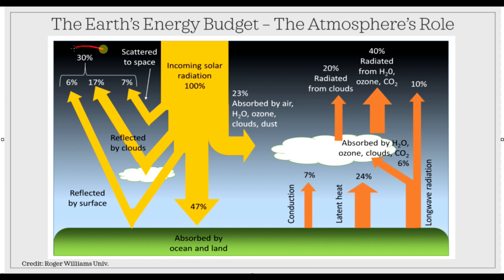As you can see, about 30% of the incoming radiative energy is scattered back in the upper atmosphere, reflected by cloud cover, or reflected by the Earth's surface. 47% of the radiation is absorbed by the land and ocean, and the remainder is absorbed by the air and different chemical components present in the atmosphere, such as ozone, water vapor, dust, ash, and smoke.